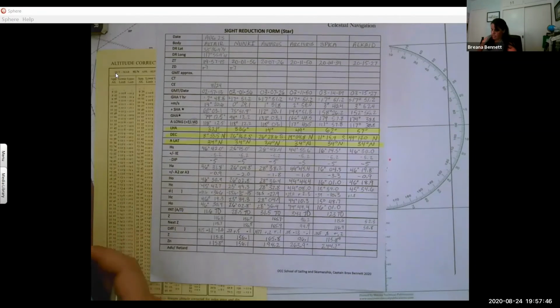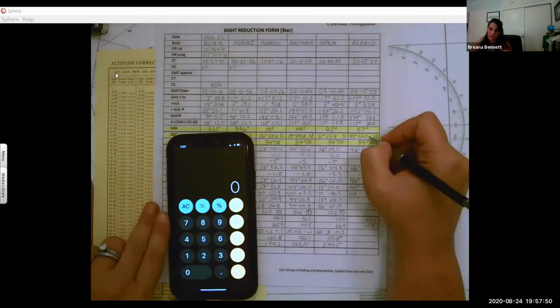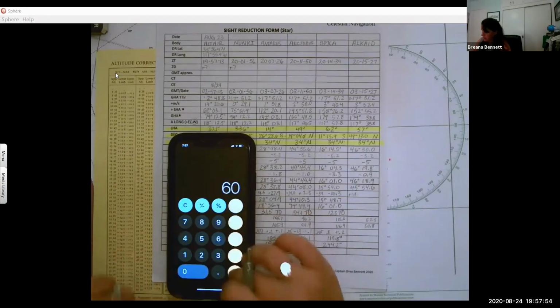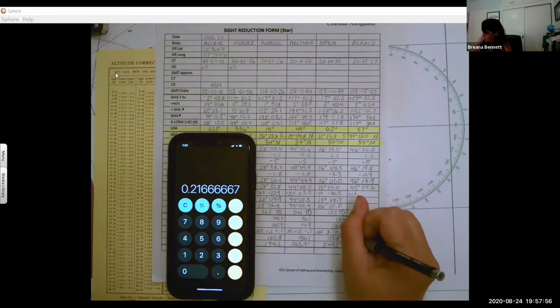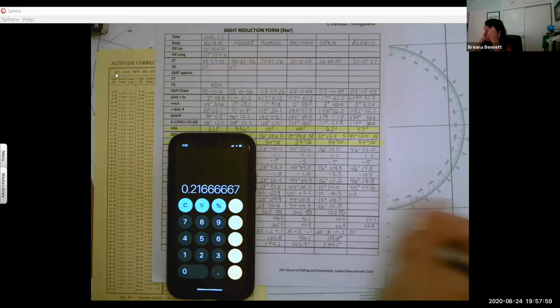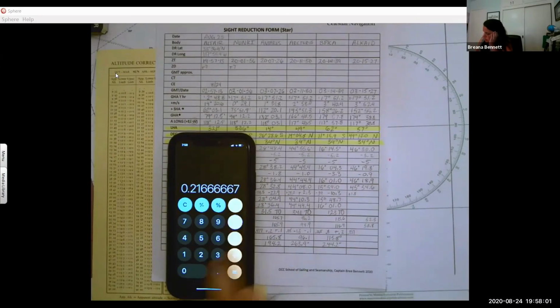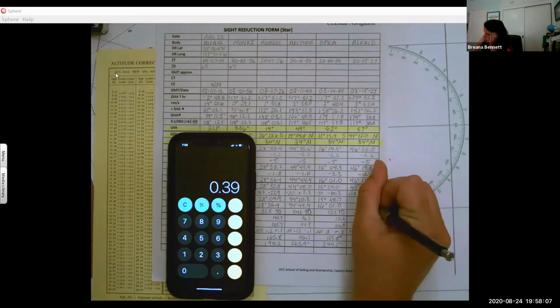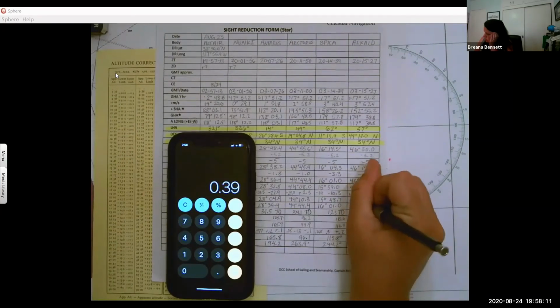to the calculator. Our declination increment is 13. So we have 13/60ths, 0.217. Multiply that by our 1.8, which gives us 0.4. So we have 55 even, 45 degrees.